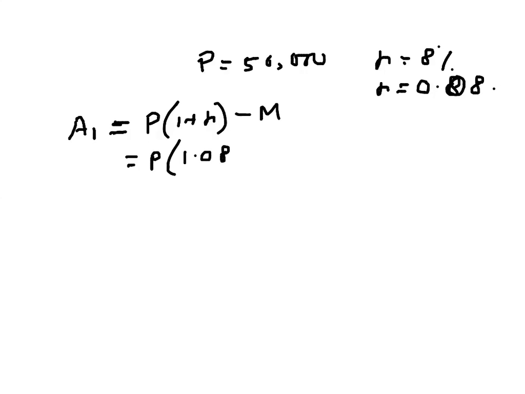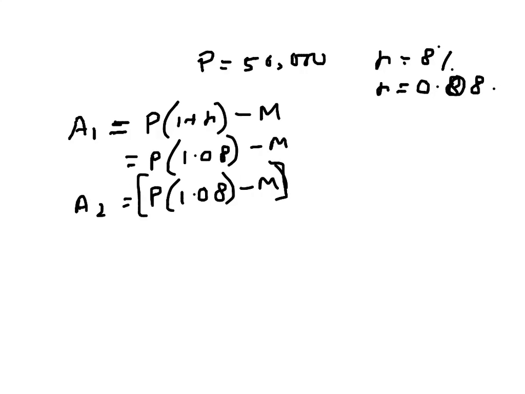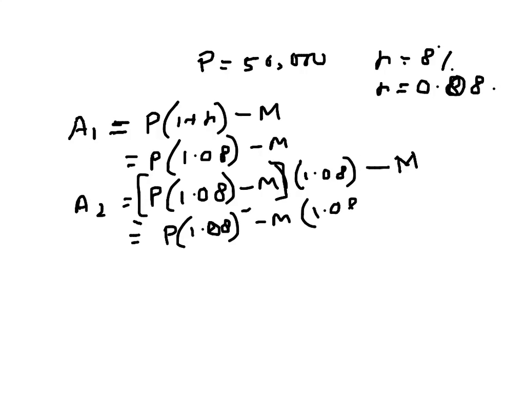So P(1.08) minus M. Similarly for year 2, the interest will be on the whole amount, P(1.08), and this is the amount after interest, and then he takes out this much. So P(1.08)² minus M(1.08) minus M.